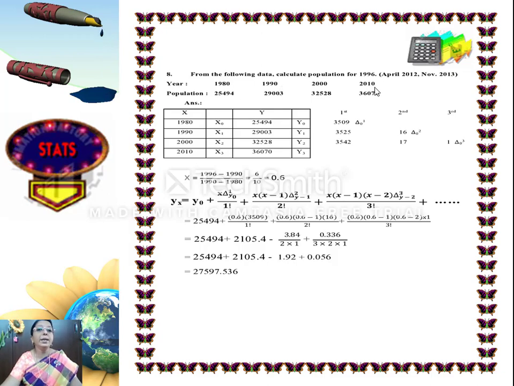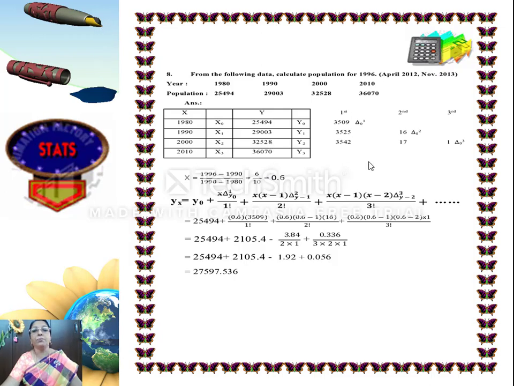A similar problem where you have the values for 1980, 1990, 2000 and 2010. The values are moving in equal intervals, but we have to find out for 1996. So what we have to find out is in unequal interval. So x is going to be 1996 minus the previous value 1990, which is 6, by the height. The height, wherever you try, it's going to be equal, it's going to be 10. So 6 by 10, which is 0.6. And we have created the differences table, that is y1 minus y0, y2 minus y1, y3 minus y2.